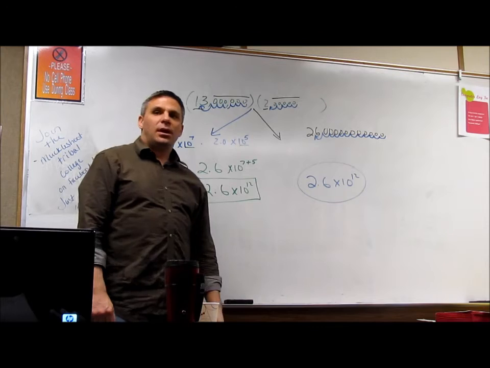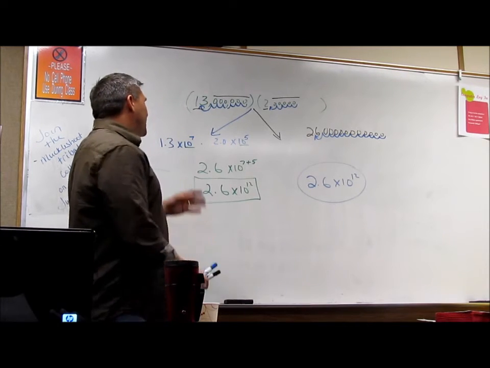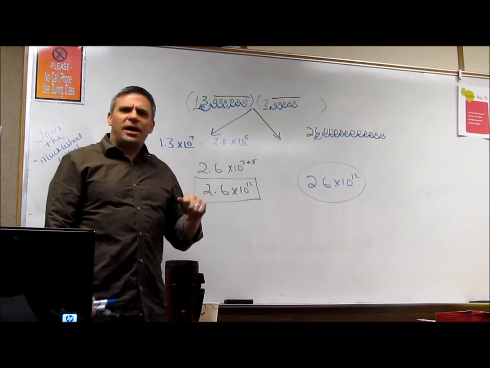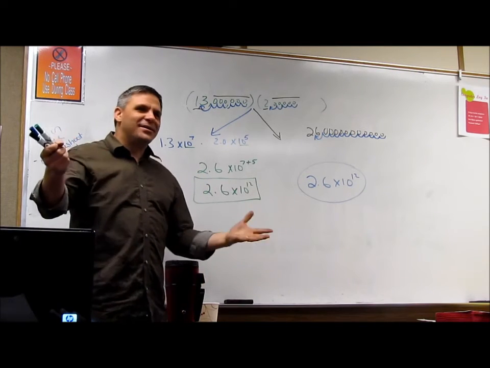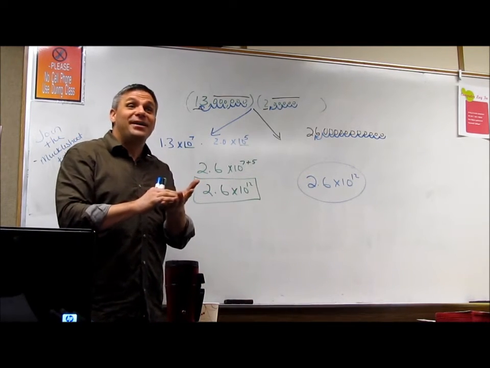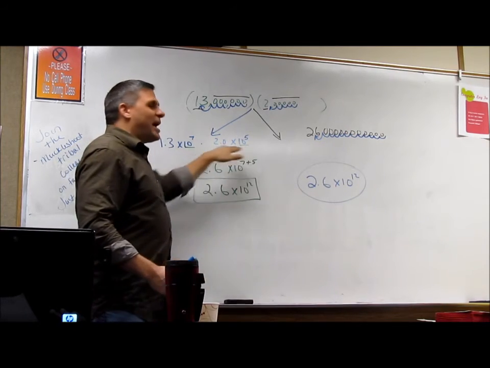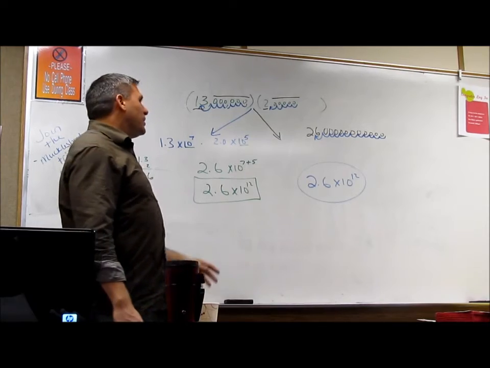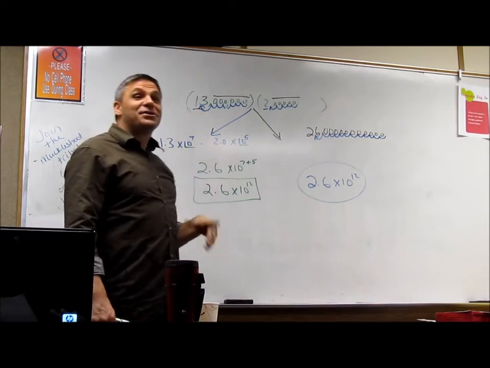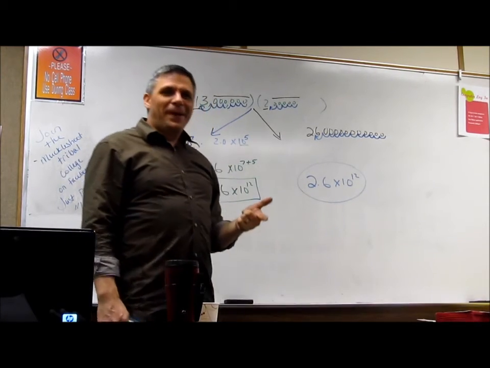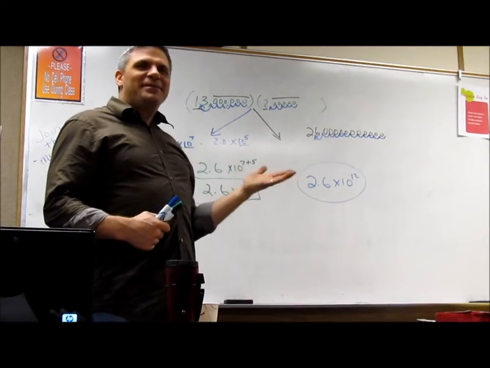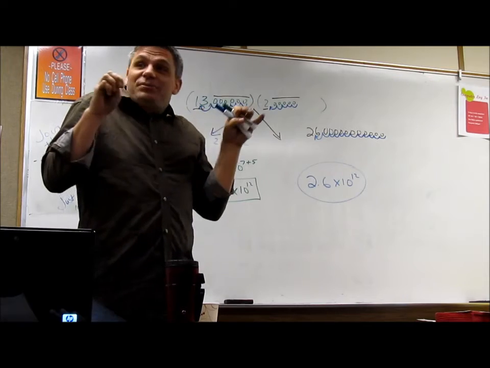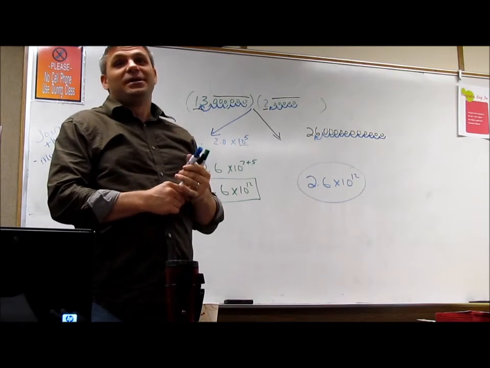Okay. When you have harder numbers, you can use your calculator to do the 1.73 times 2.84, right? And then do the math on the tens. Easy math on the tens. Or you can have your calculator try to do it. Now here's the problem. And that's why we have scientific notation. It's because these calculators can't do really big numbers.